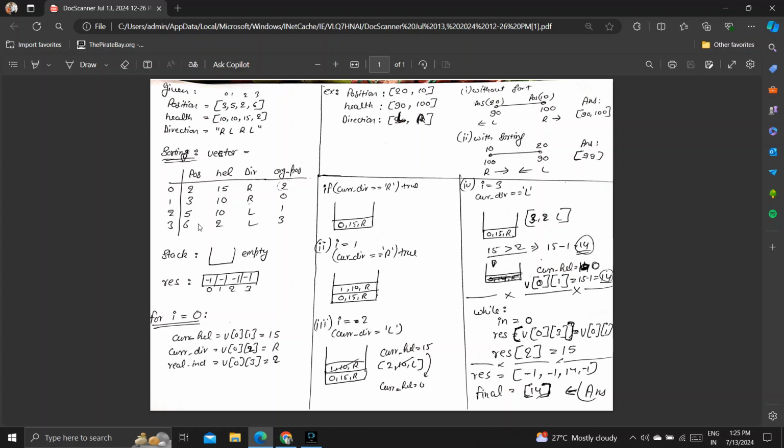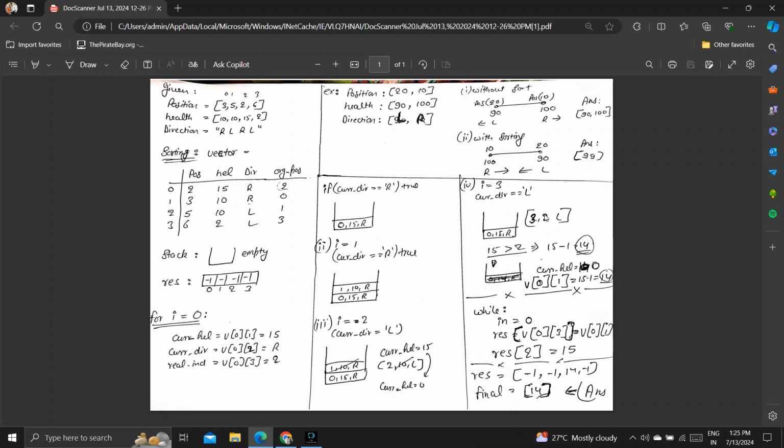For index 3, its direction is left only. So for left, again, we will move to the else part, and then to the while loop. So we will check whether 15 is greater than 2 or not. Definitely it is greater than 2. So then what will happen? The value which is in the stack is greater.